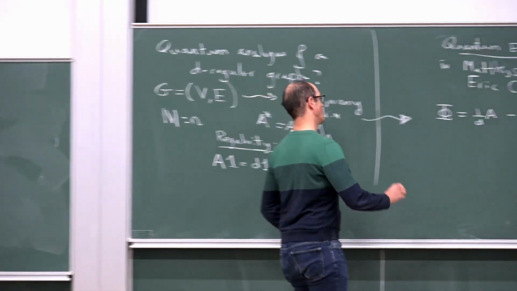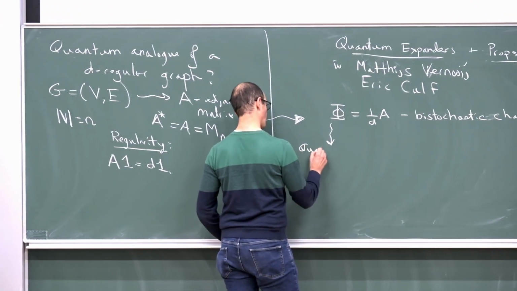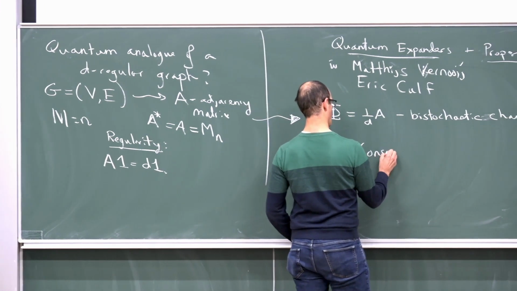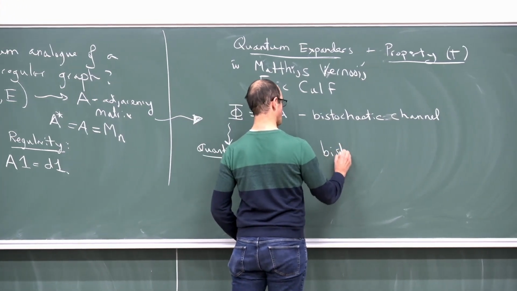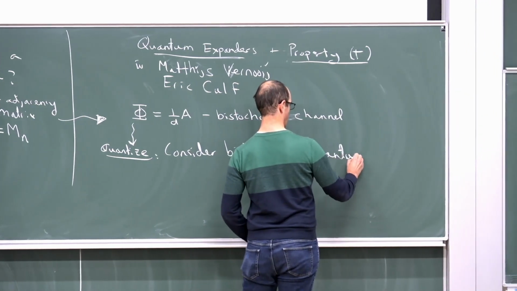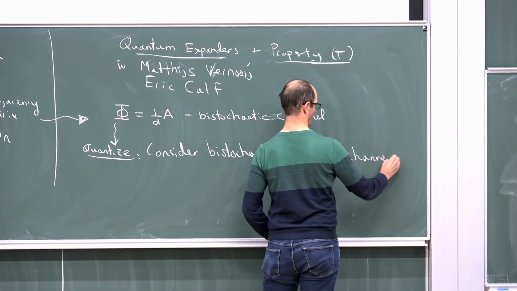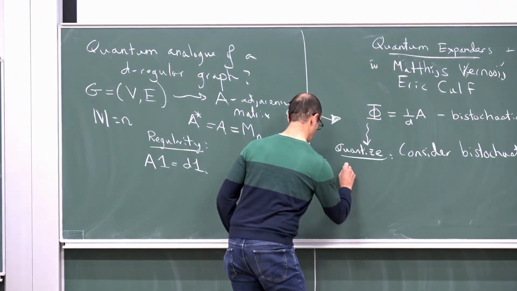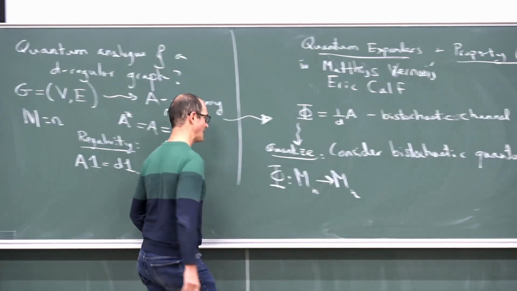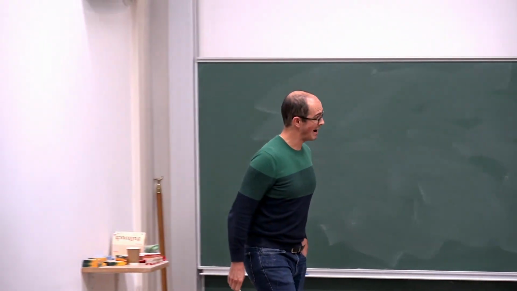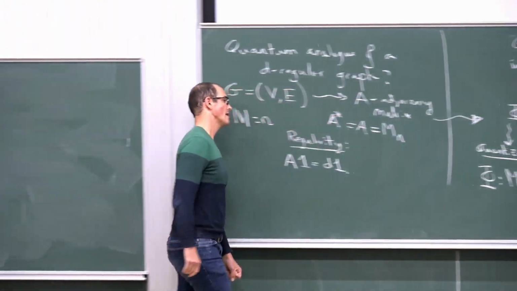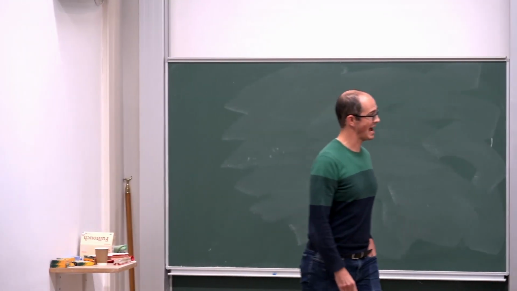So if we make this quantum, a natural thing to do is to consider a bistochastic quantum channel phi from Mn to Mn, where I'm now thinking of the matrix space Mn as my space of quantized vertices.